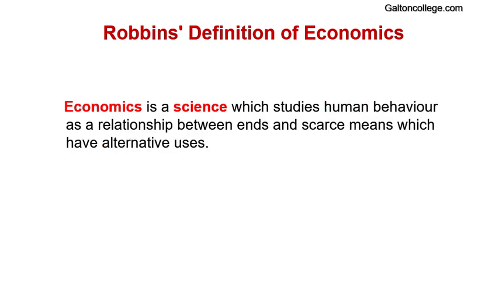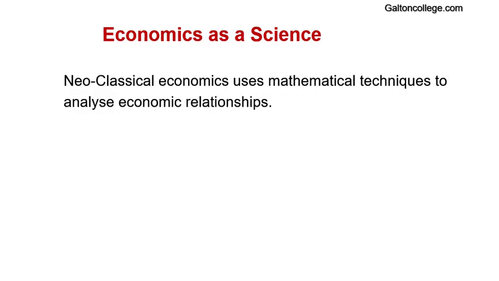Economics is a science. Well, is economics a science? So-called neoclassical economics uses mathematical techniques to analyse economic relationships. If you look at economics on television, or economists talking about the economy or about welfare, whatever it is, there's an underlying theme or feeling that they are working to some mathematical model.